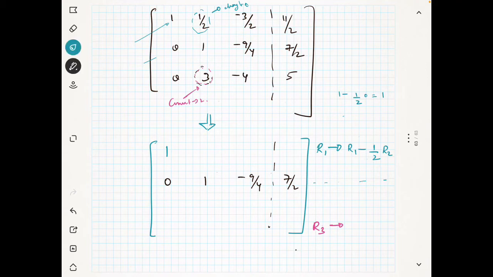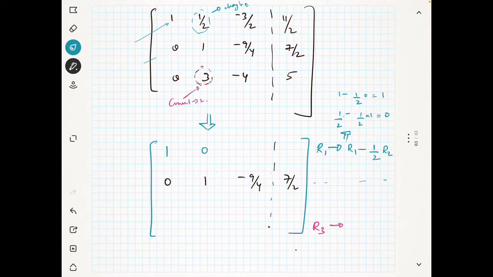Now this is what I am going to explain here. Next, 1 by 2 minus half of row 2. Half of 1, that is equal to 0, right?